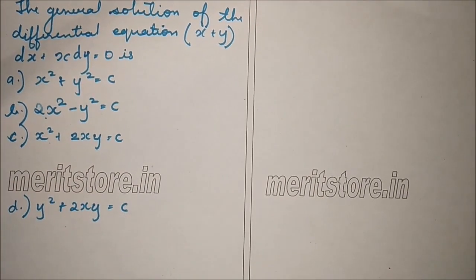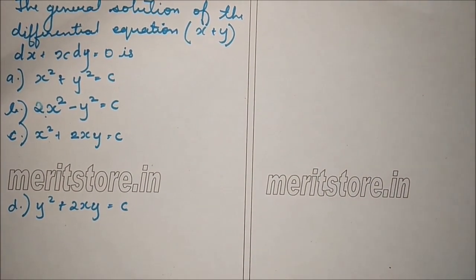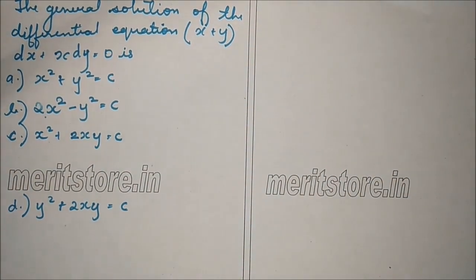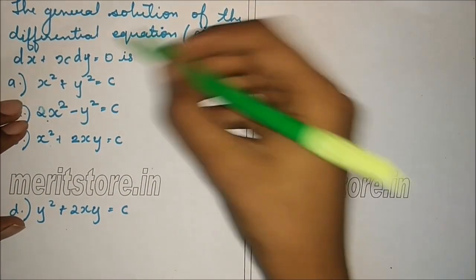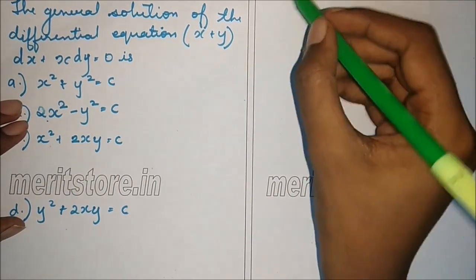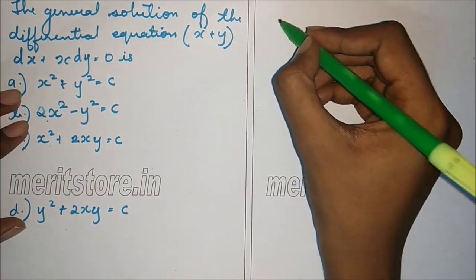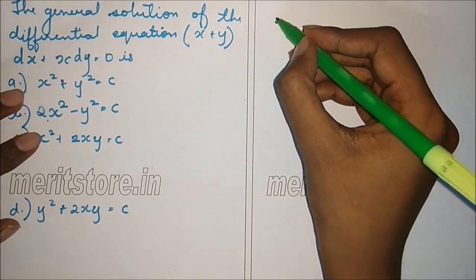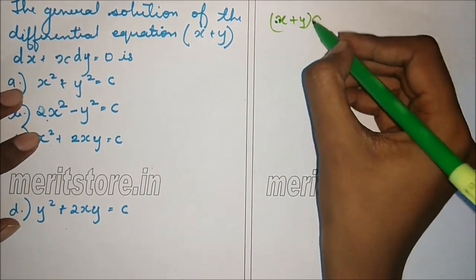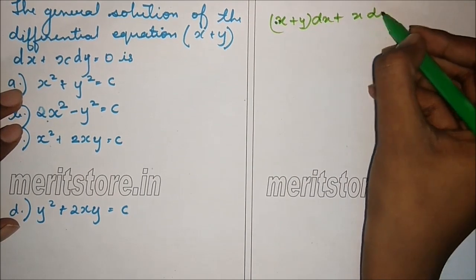The general solution of the differential equation x plus y into dx plus x dy is equal to 0. We have to find the solution for this differential equation. So given differential equation is x plus y dx plus x dy equals 0.